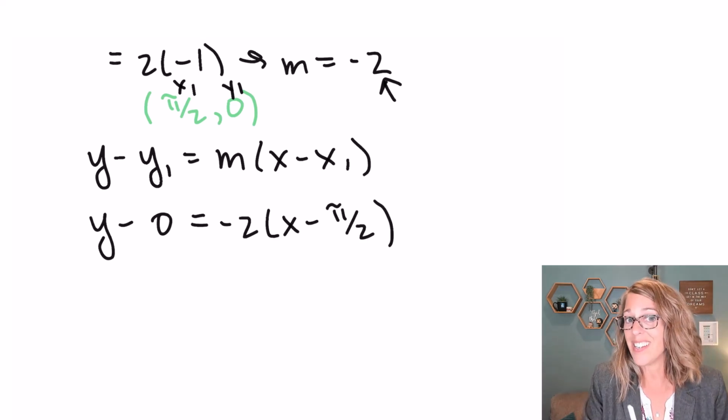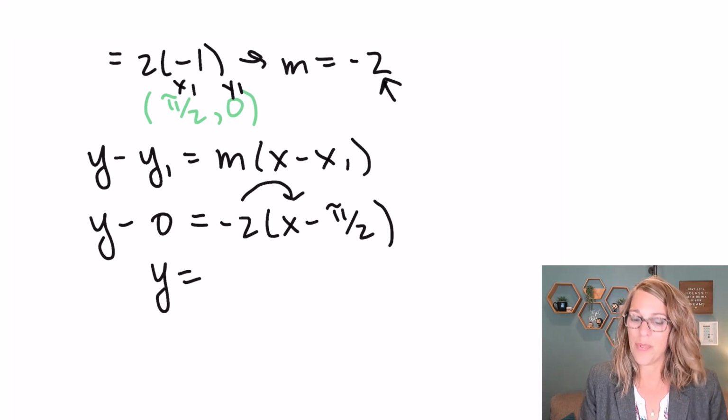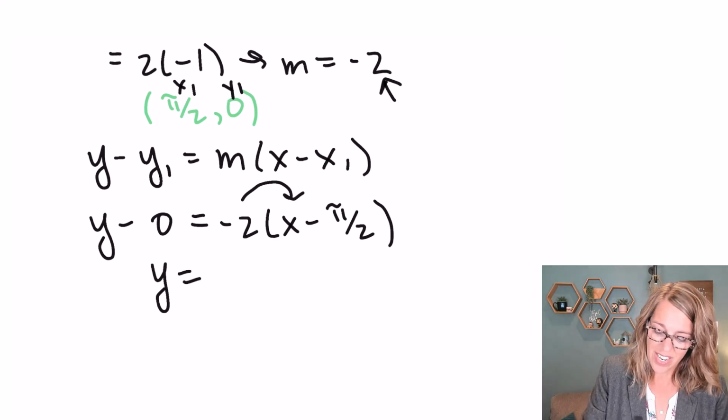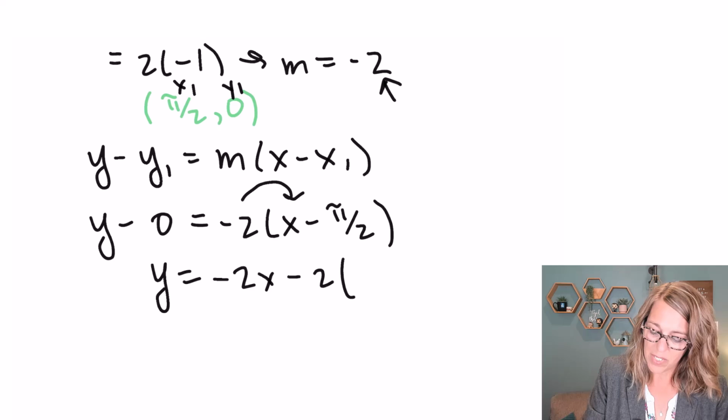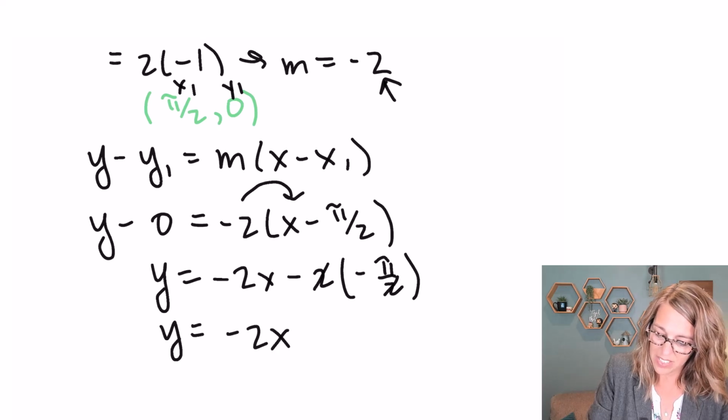Now the left-hand side is just y, so I can write that as a y. Let's distribute that -2 into our parentheses on the right. So I get -2 times x, and then I get -2 times negative pi halves. Those 2's cancel, and y is equal to -2x, that's going to be a plus pi.